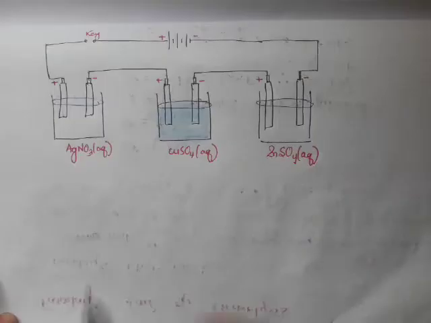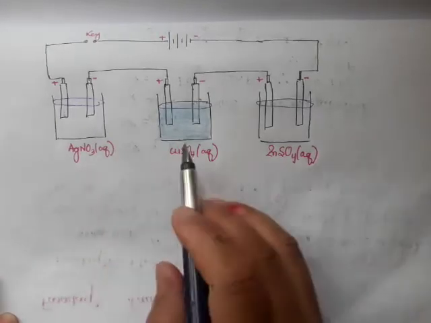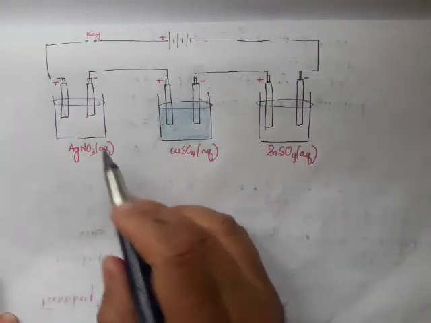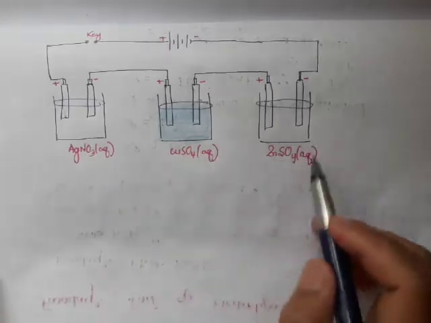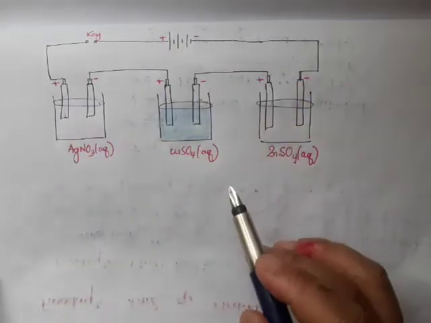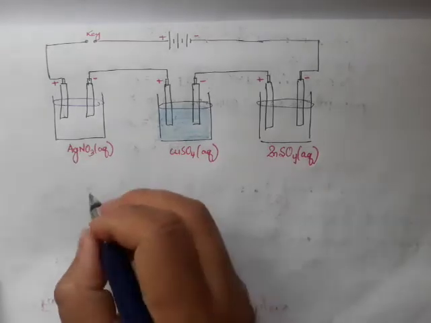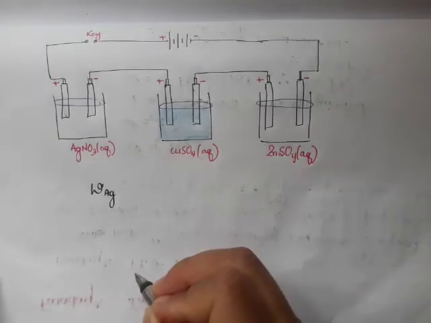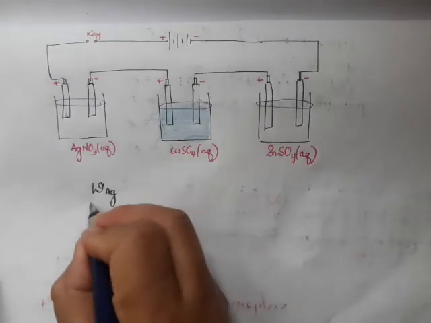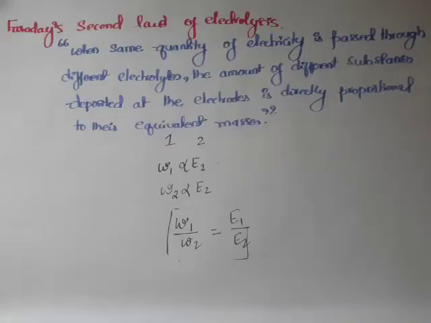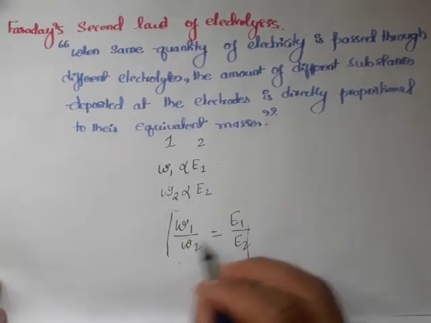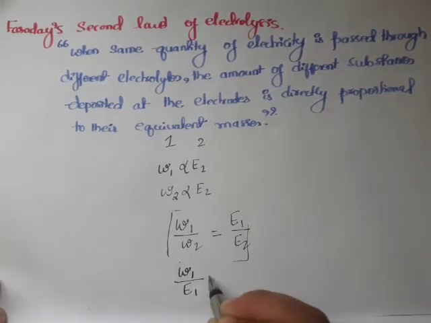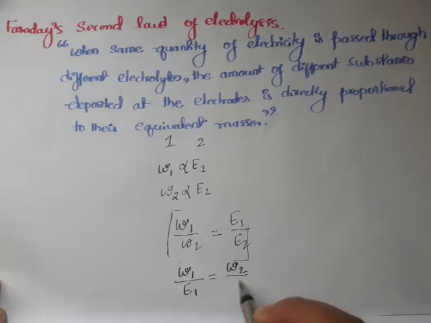Now let us suppose three electrolyte solutions, AgNO3, copper sulfate and zinc sulfate, are connected in series and the same amount of electricity is passed through them. Then we can rewrite the same equation as W1 by E1 equal to W2 by E2.